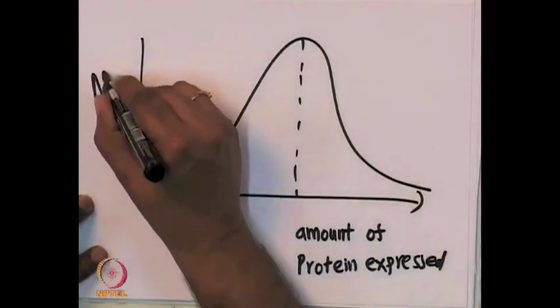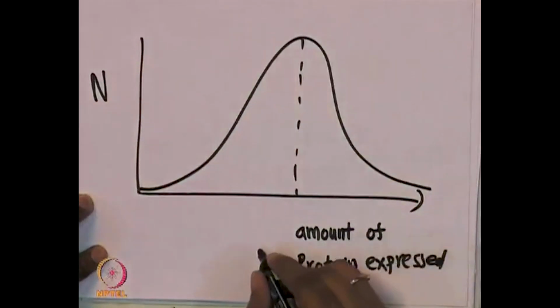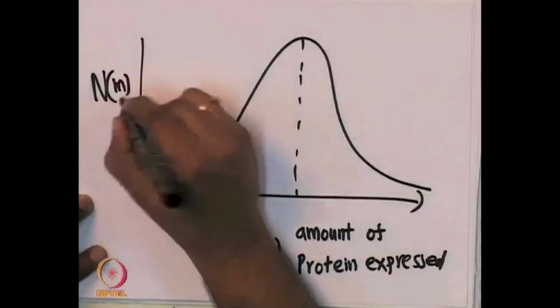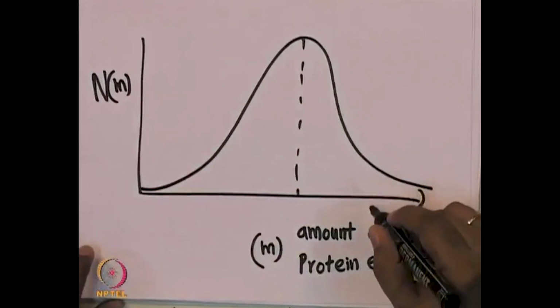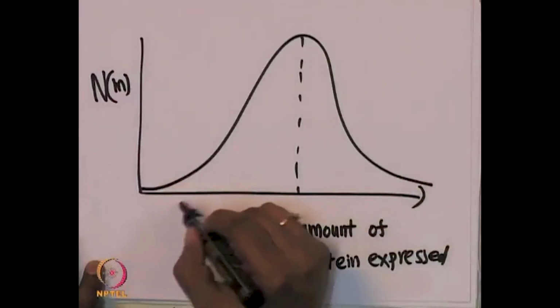So, number of cells. So, amount, let me call this amount as m, and this is n of m. So, how many cells expressed very little of this gene?